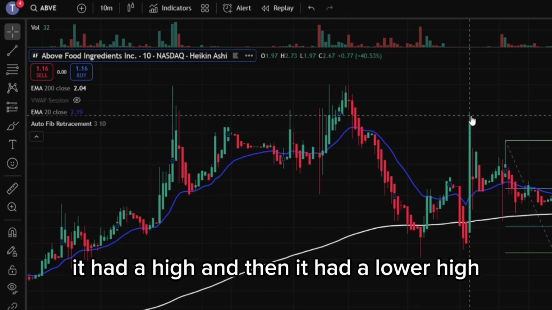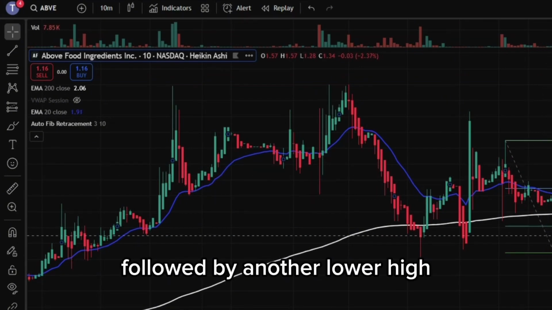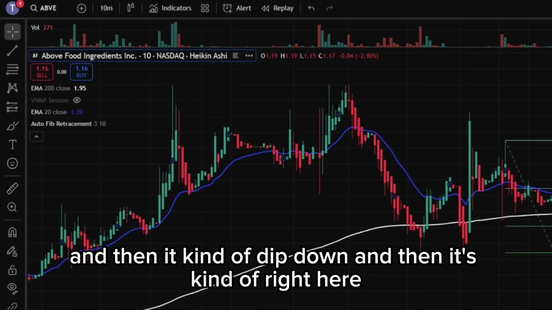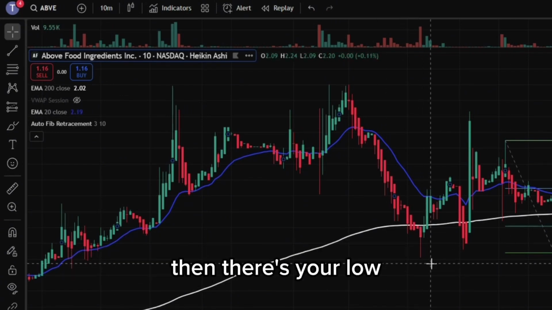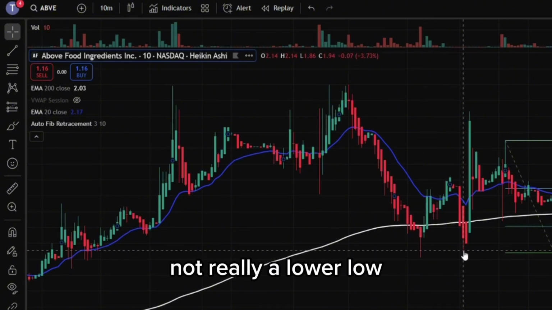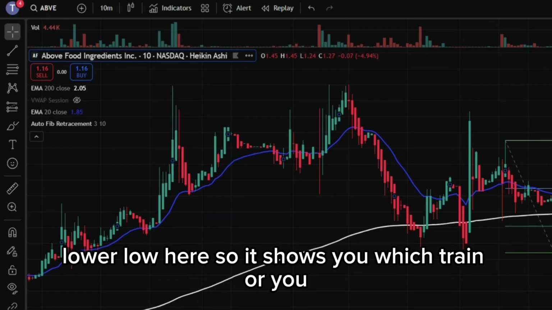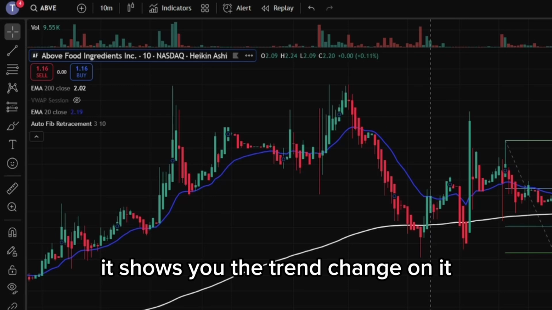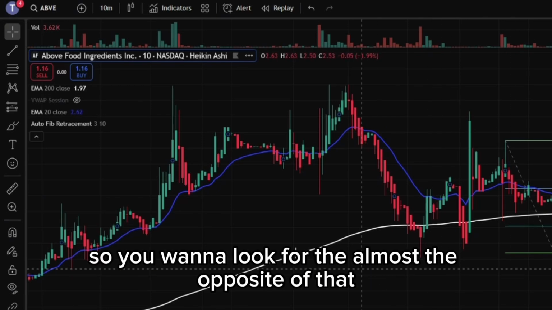It had a high, and then a lower high, followed by another lower high, and then it kind of dipped down, and right here another lower high. Then there's your low. Not really a lower low, but around the same. Then you have a lower low here, lower low here. So it showed you the trend change. That's significant here.